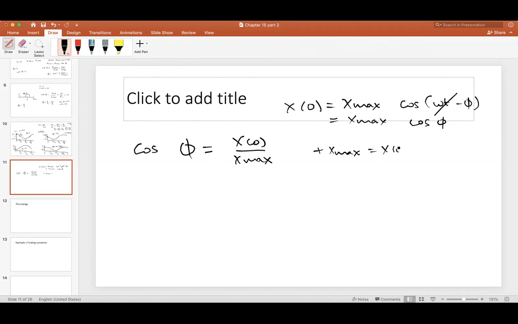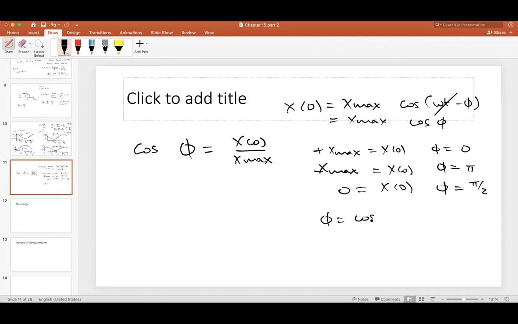So if that's equal to x naught, then phi is going to be 0. And if negative x max is equal to x naught, then phi is going to be pi. And if x naught is 0, then phi is going to be pi half or negative pi half. And for anything else, phi is arc cosine of x naught over x max.